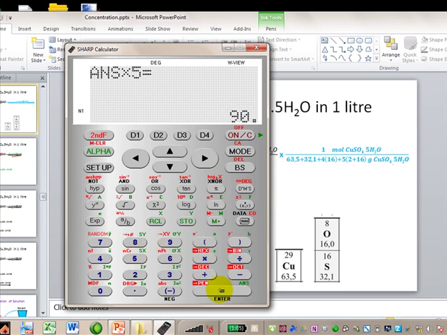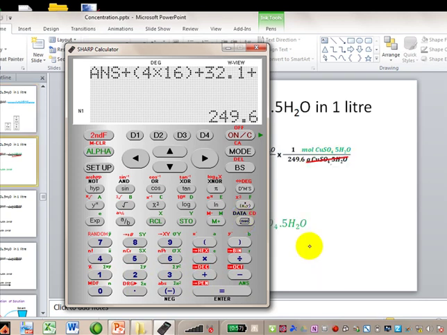That's just for the water of crystallization. And then we have 4 times 16 for the O plus 32,1 plus 63,5. And that gives us a mass of 249,6. That is the mass in grams of 1 mole of copper sulfate with water of crystallization.